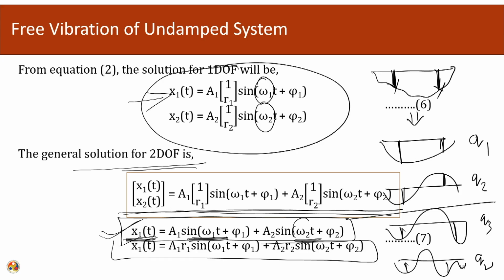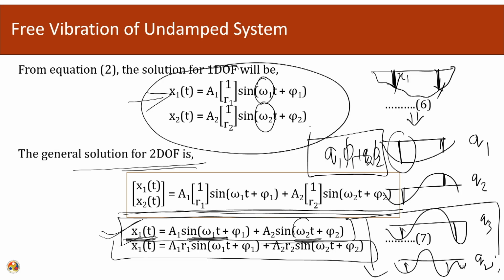Since we are restricting it to 2 degrees of freedom, we will only have contribution from the 2 modes. So, the value of x1 will be a contribution from Q1 Phi1 plus Q2 Phi2. So, this will be my general form of the solution. The same thing we are writing out here.